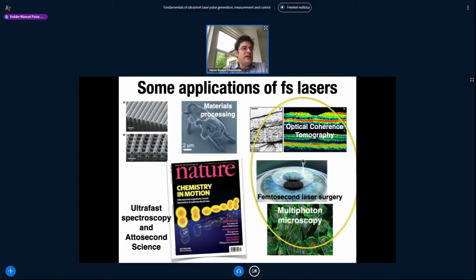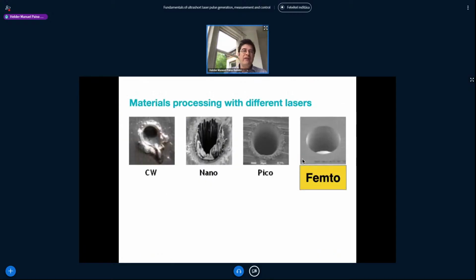Among the many unique properties of ultrashort laser pulses, one of them is the fact that they are so fast, so short in time, that you don't have time for thermal processes to take place. So in other words, you can essentially cut through things without burning, so no thermal side effects.